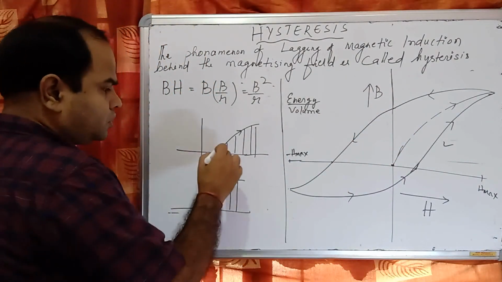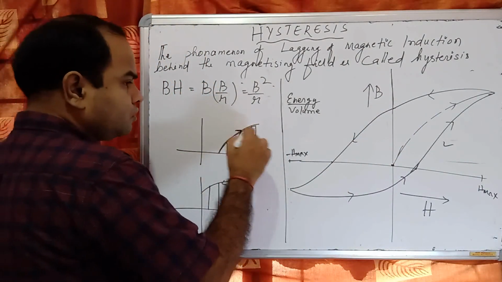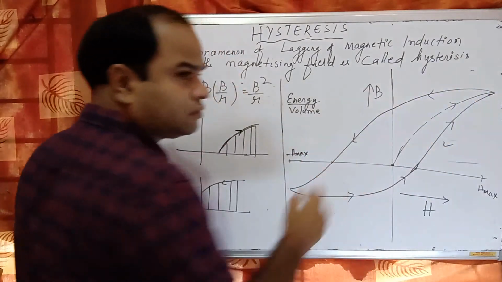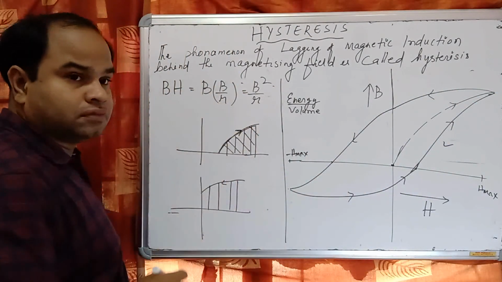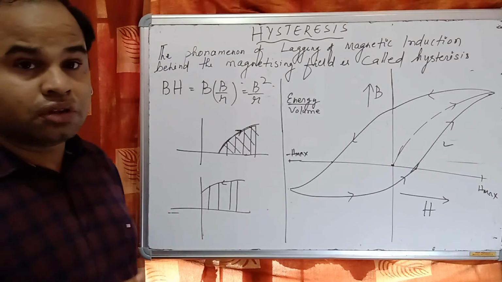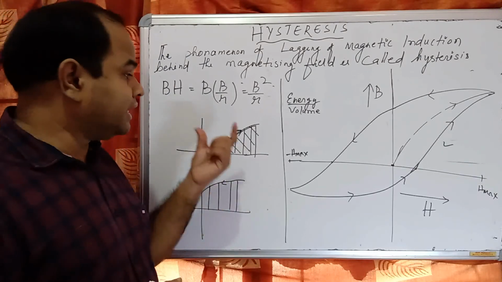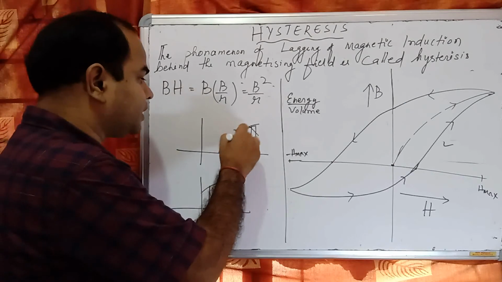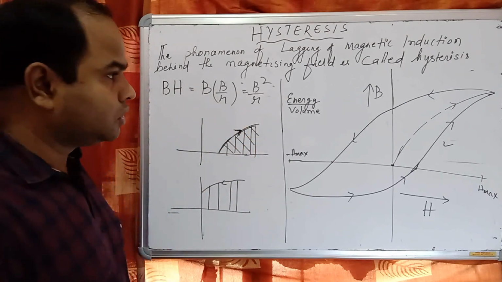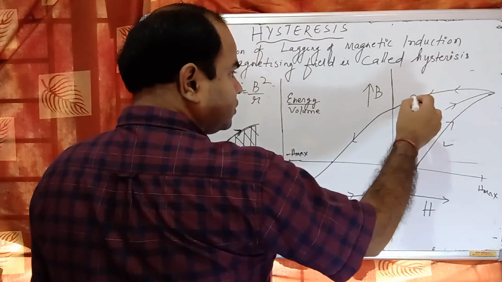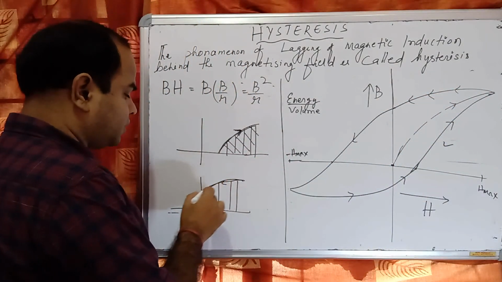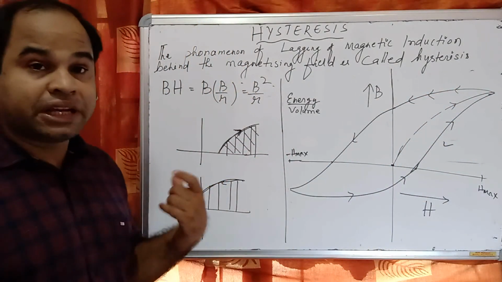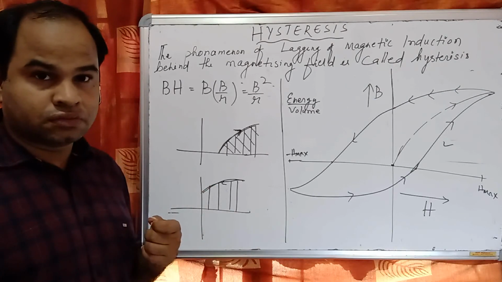यदि हमें कर्व करिया, this is during magnetization, so this area represents energy per volume gained during magnetization. ठीक है? If we draw the graph from this point to this point, this graph represents demagnetization. ठीक है?